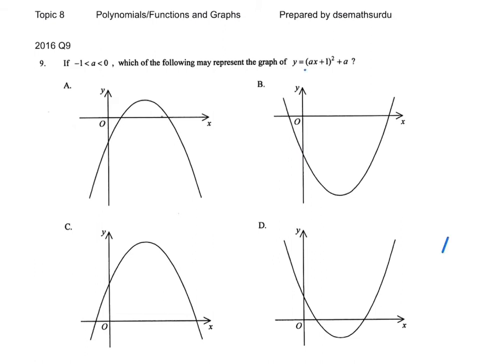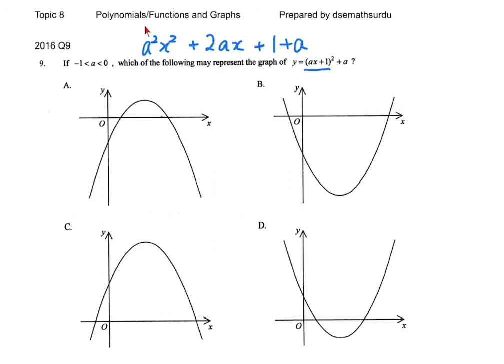So if you open this, it becomes a squared x squared plus 2ax plus 1, because 1 squared is still 1. And then at the end it's just plus a. That a is this a, not the one in the bracket. Now you have the whole equation, so you can find happy or unhappy directly.